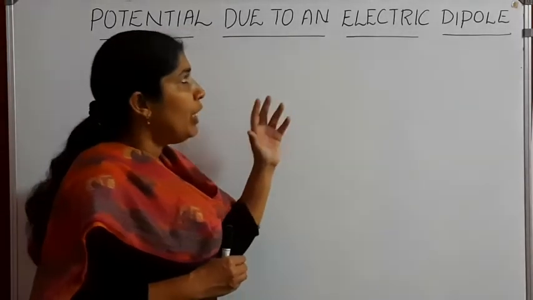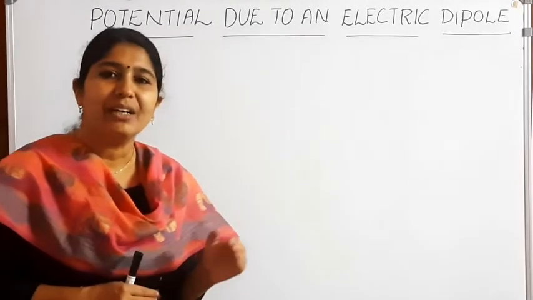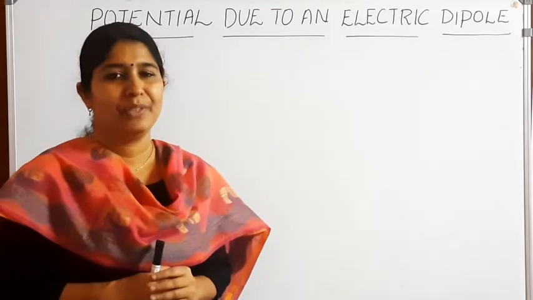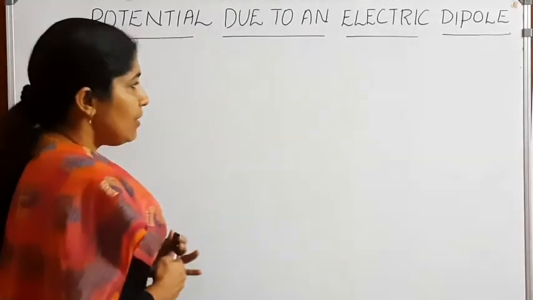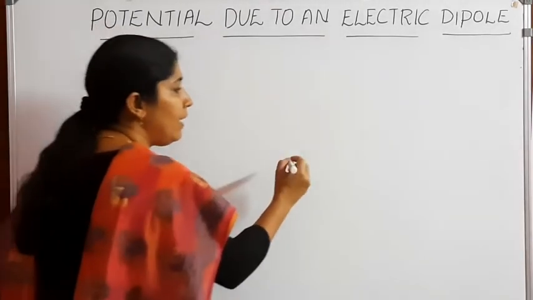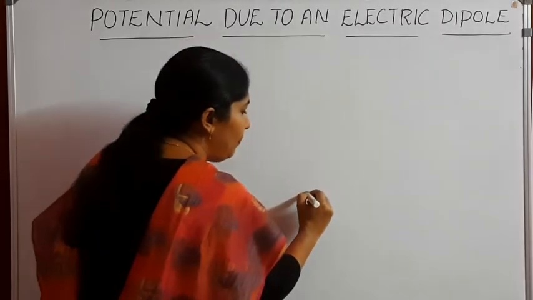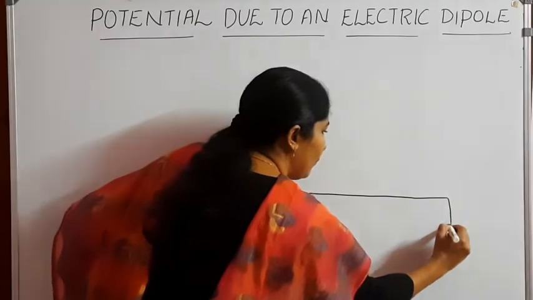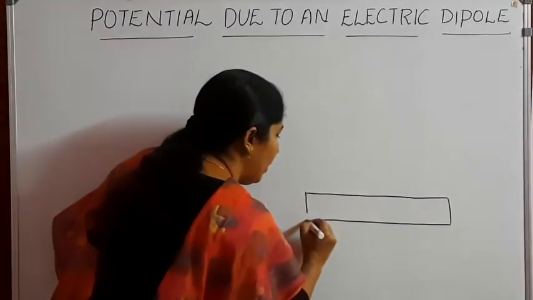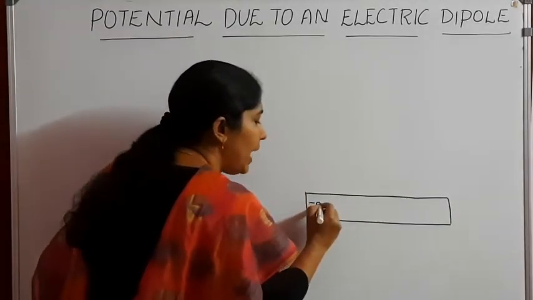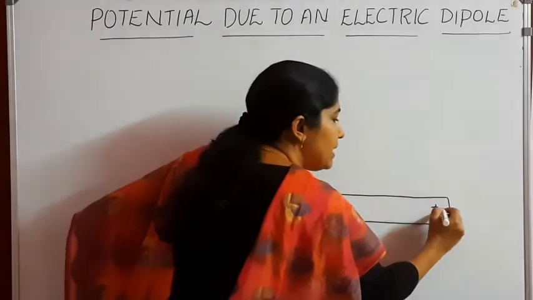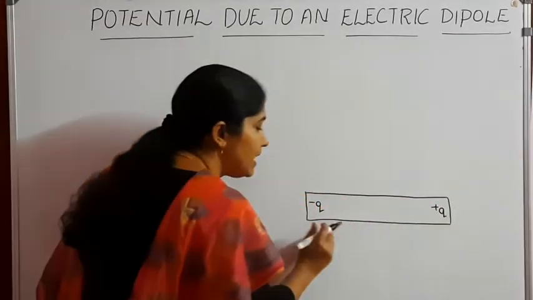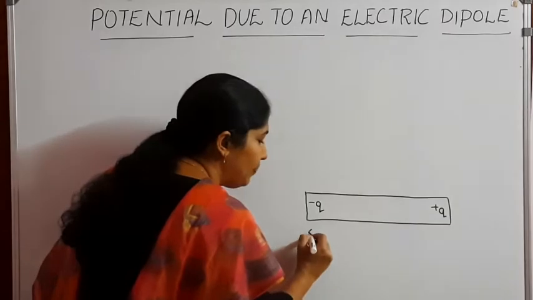Now, we want to derive the expression for the potential due to an electric dipole. For this, first of all, we take an electric dipole: minus q and plus q charges separated by a small distance. That small distance is 2a.